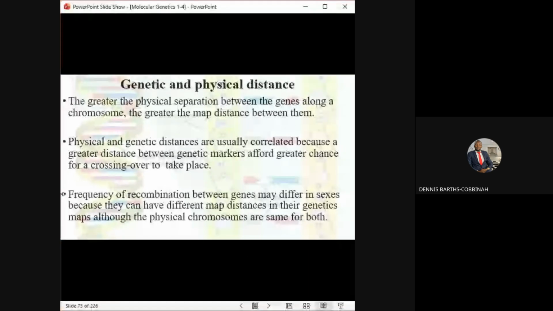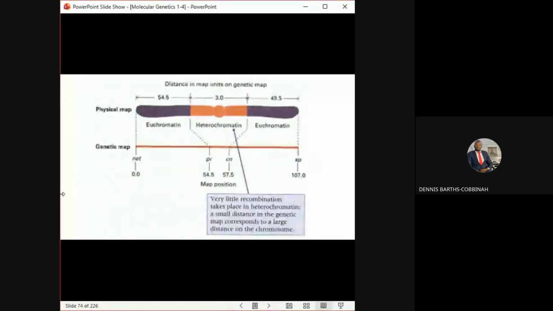All right. So let's consider a chromosome. On the portion of the chromosome, we have euchromatin and heterochromatin. In the mid portion you have heterochromatin, and you have euchromatin at the other extreme. If you consider these two portions, you have the darker and the red portion. The red portion is labeled as the heterochromatin.